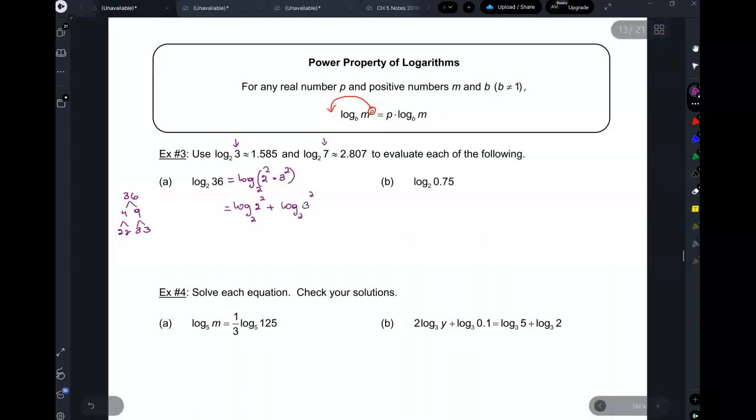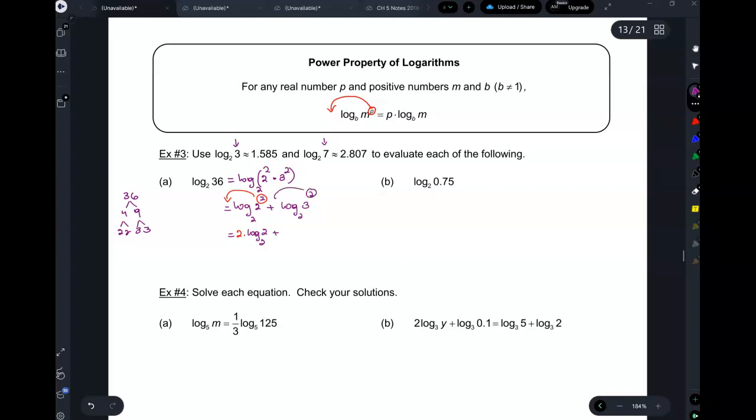Okay. So this 2 will move down here. So you have 2 times, what's the rest? Log base 2 of 2, which is what? You're sure? No. 1. Okay.